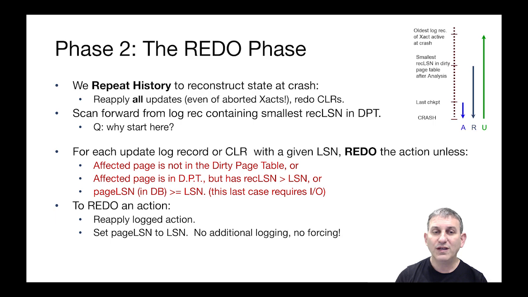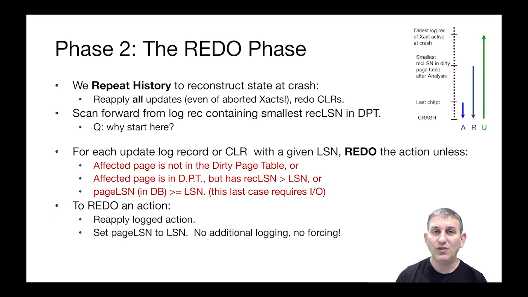Okay. So we're going to scan forward from the log record containing the smallest recLSN in the dirty page table at the time of the end of analysis. Why start there? Well, remember, what is the recLSN? It is the log record that first made this page dirty. So the oldest recLSN is the oldest update to a page that could have been in the buffer pool at the time of crash.